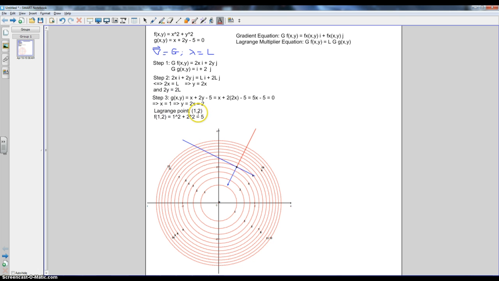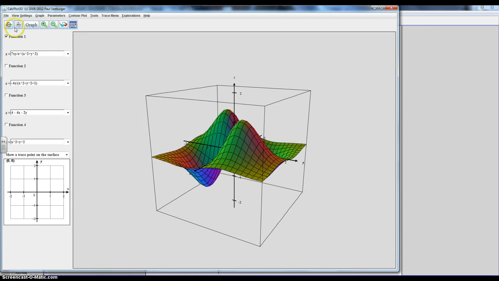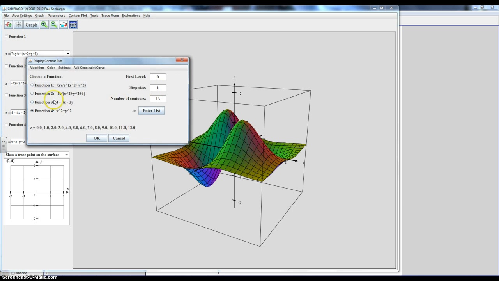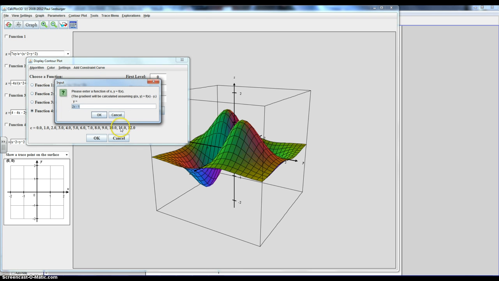Let's use the applet to verify the problem. The applet has the given function f equals x squared plus y squared. We will use that for the f function. So let's add the constraint.